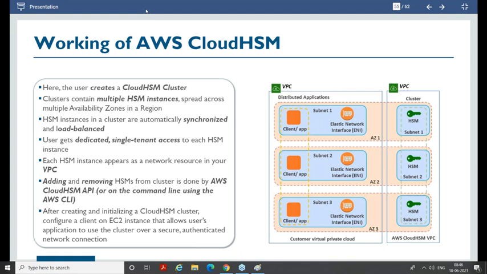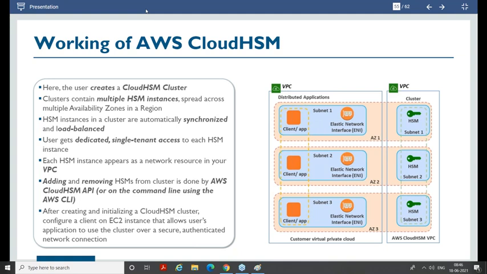In KMS, you cannot define your algorithms, but if you want to specifically define your algorithms, you want to define your own parameters, then you need to use your Cloud HSM. Cloud HSM, I repeat myself, is a service provided by AWS where it allows you to create your own clusters of servers, where right from the fundamentals of creation of your keys till archiving those keys, you have complete control.